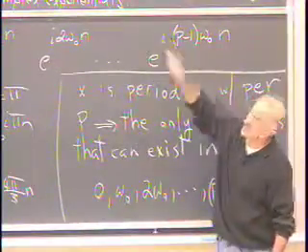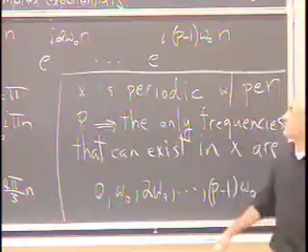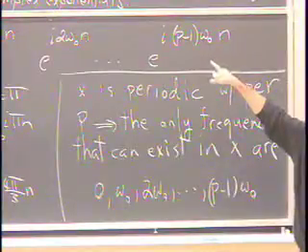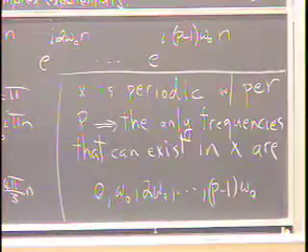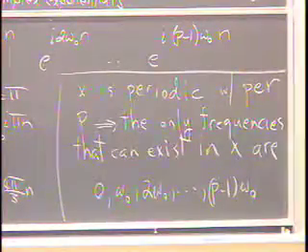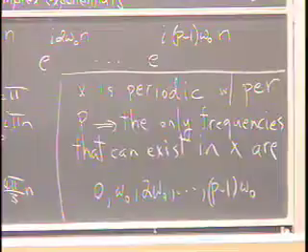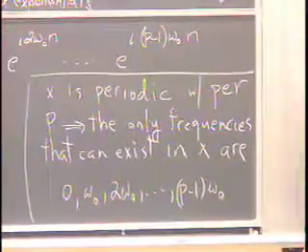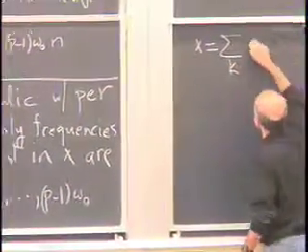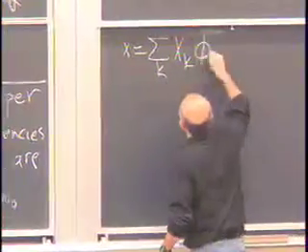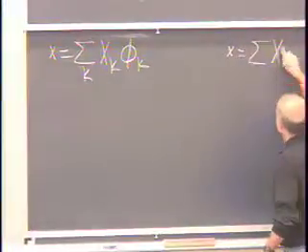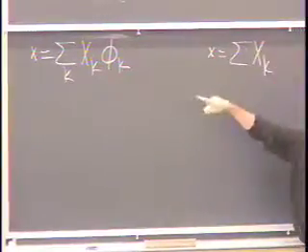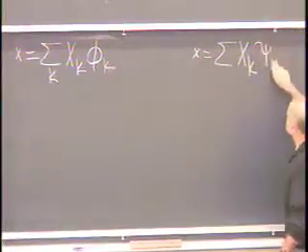Now let's go back to our geometric interpretation. What's common between the c's and the phi's? They're orthogonal. So when we wrote x as a linear combination of the phi k's, and again as a linear combination of the c k's, these coefficients will be different from those coefficients because your functions are different.